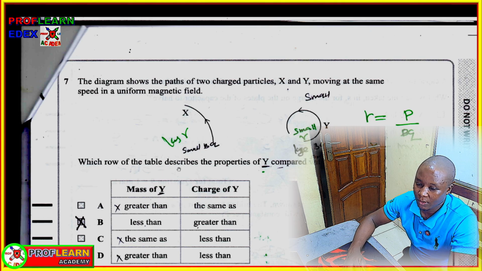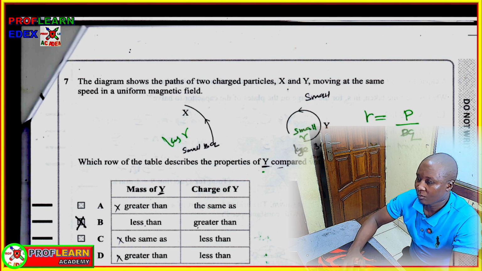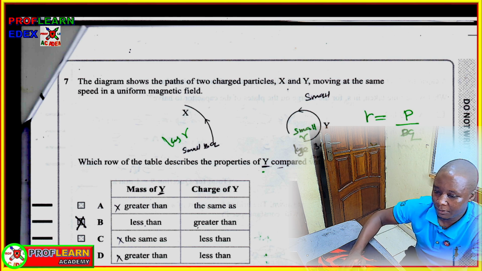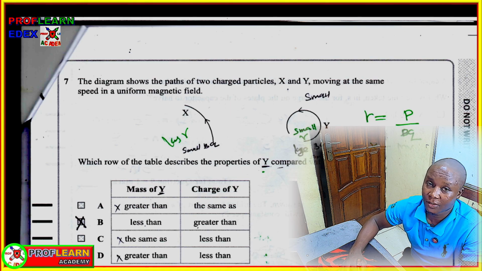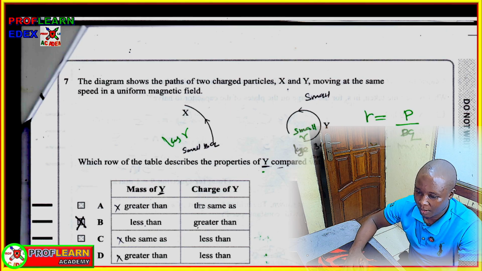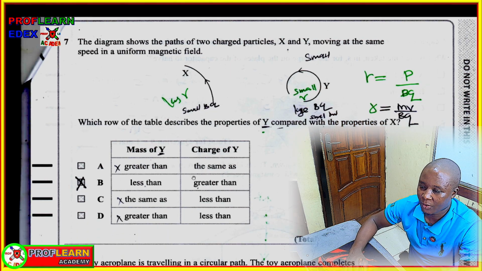So we can say the mass of Y is less and the charge of Y is greater, so that we have a scenario with a small radius.